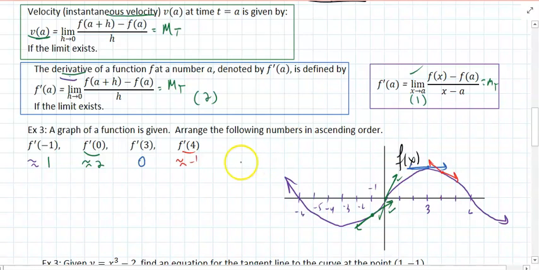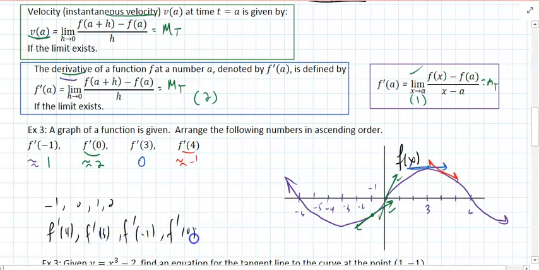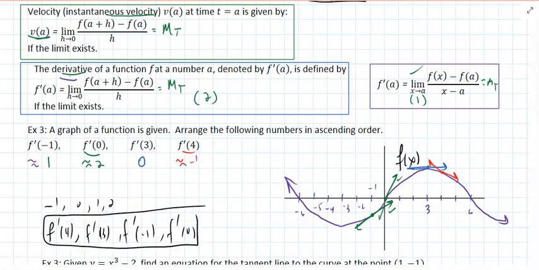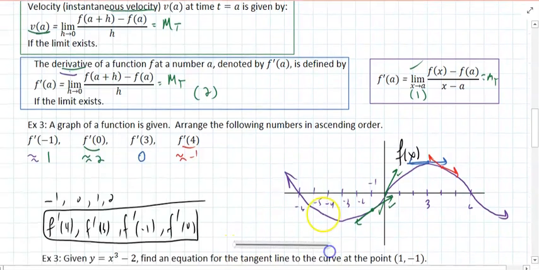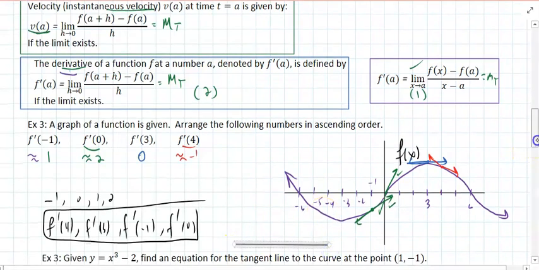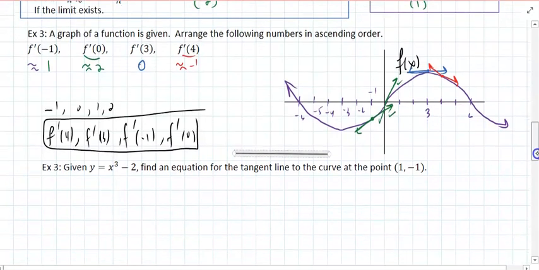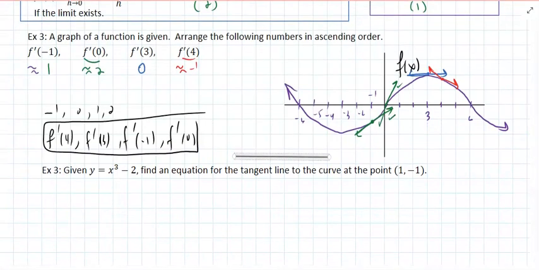So if I want to put those in order, go -1, 0, 1, and 2, I would pretty much go f prime of 4 first, f prime of 3 next, f prime of -1, then f prime of 0. That will be in ascending order. So a derivative has a lot of applications: slope of a tangent, instantaneous rate of change, velocity, many uses.